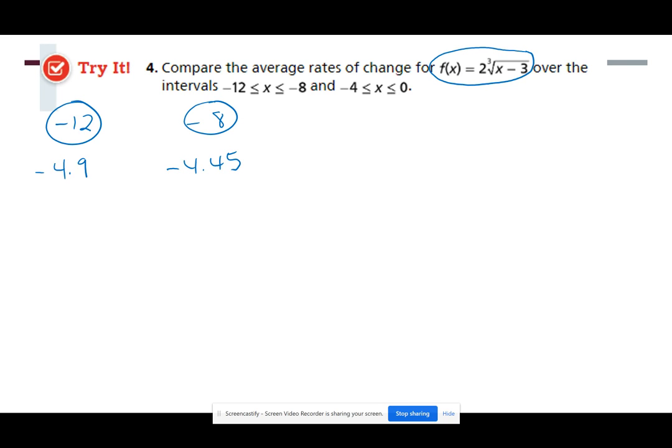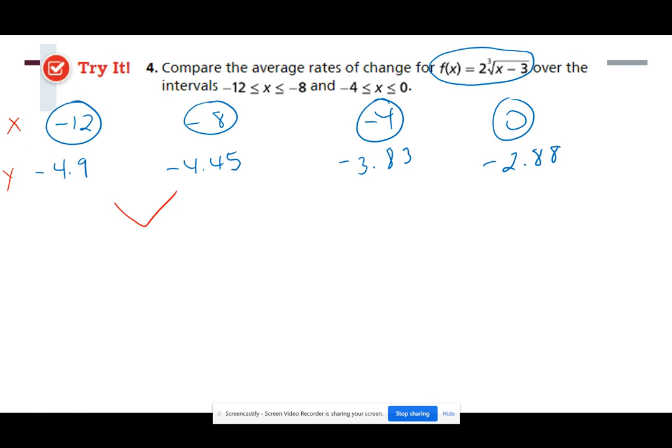When I substituted in negative 4, I got negative 3.83. And when I substituted in 0, I ended up with negative 2.88. So again, depending on how you round, you should get something similar to what I have here. Now, we can think of these as ordered pairs. So the first line are my x's and the second line are my y's.